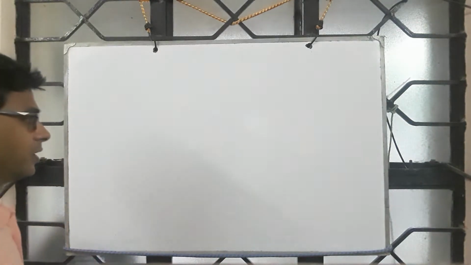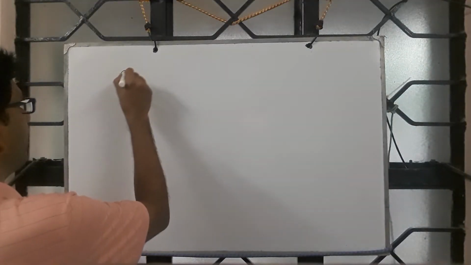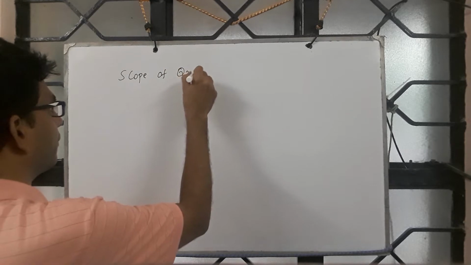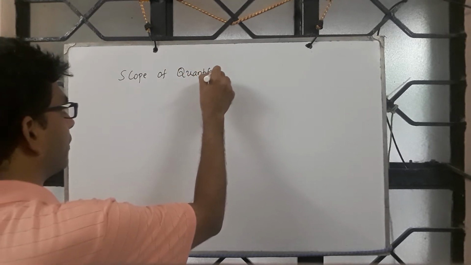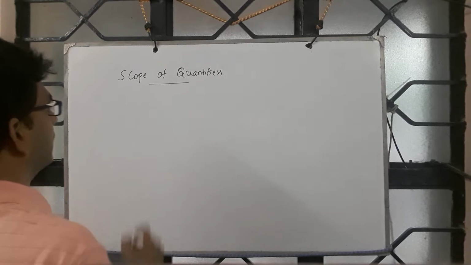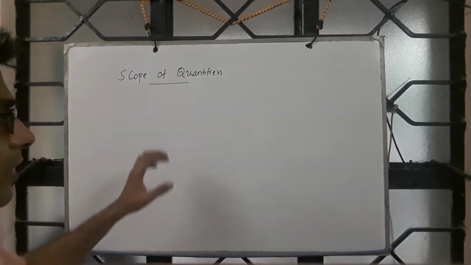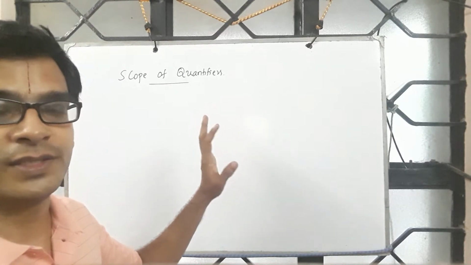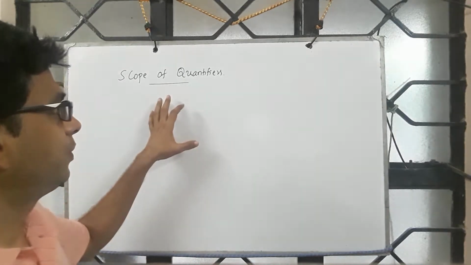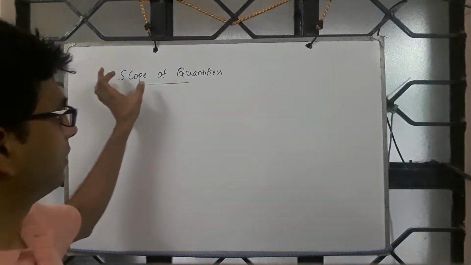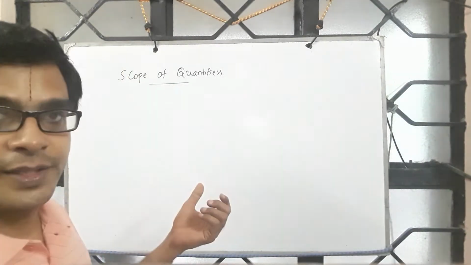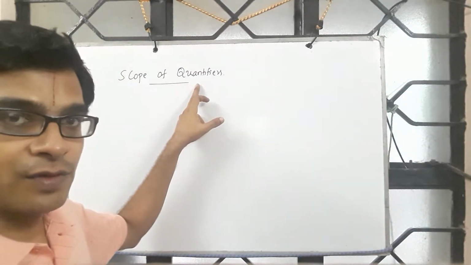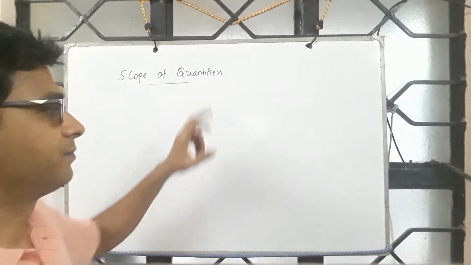There is something called scope. For example, when you have there exists x p of x and q of x, we want to know over which part of the expression the quantifier, there exists x or for all x, is active.